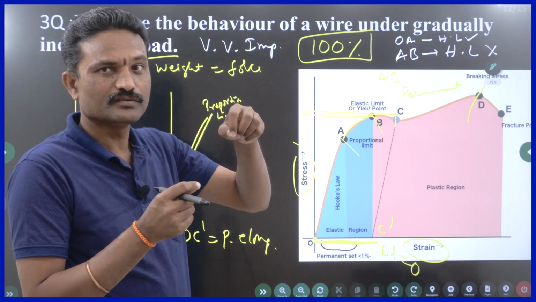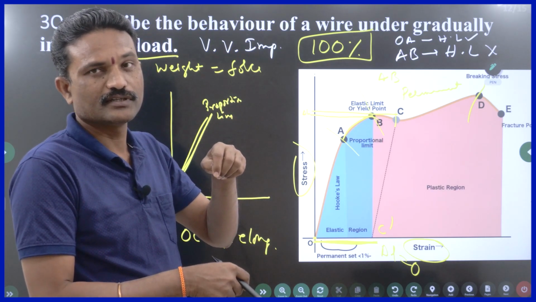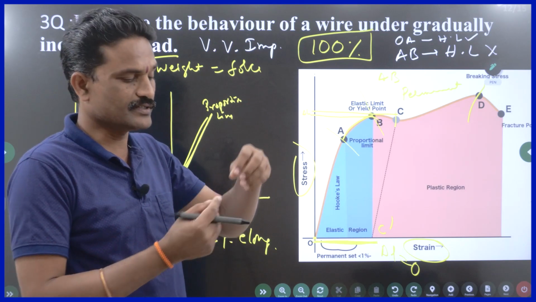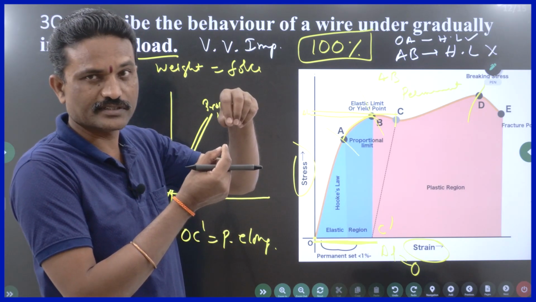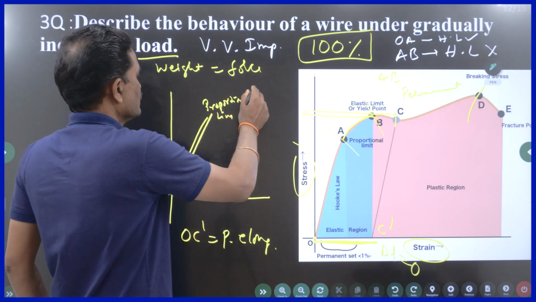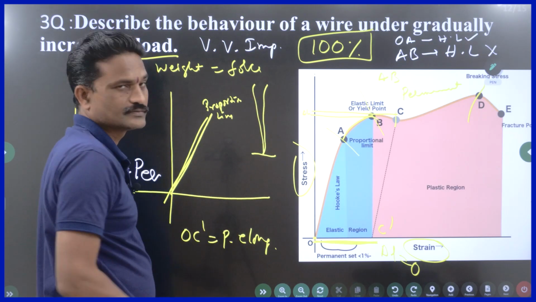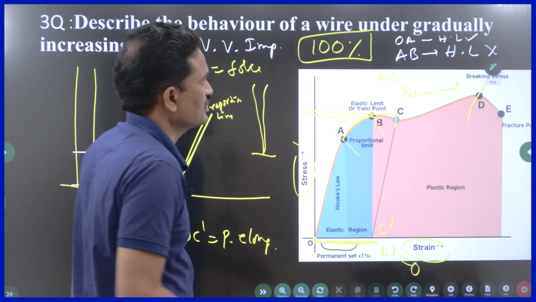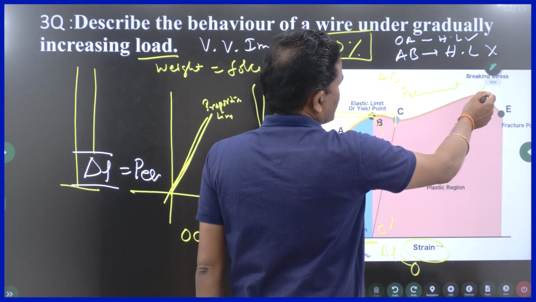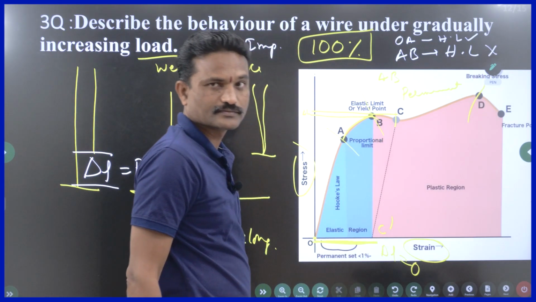Even if you don't increase the weights, because of the previous weights, its thickness decreases, its radius decreases. At some point, it will break. At point D, this is called the breaking stress.